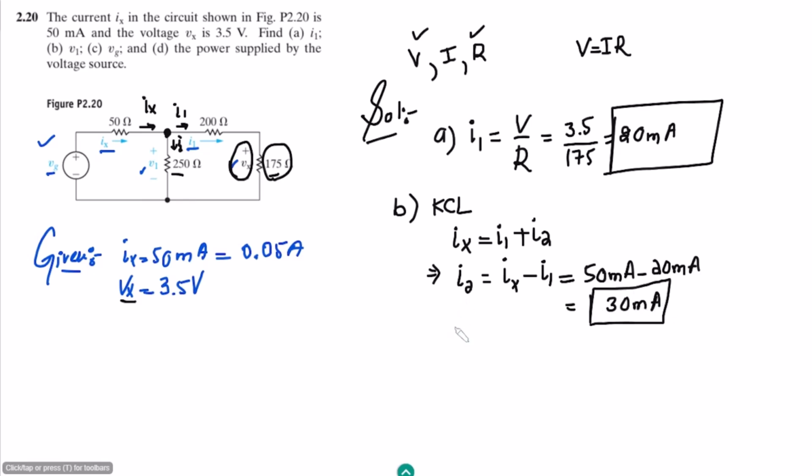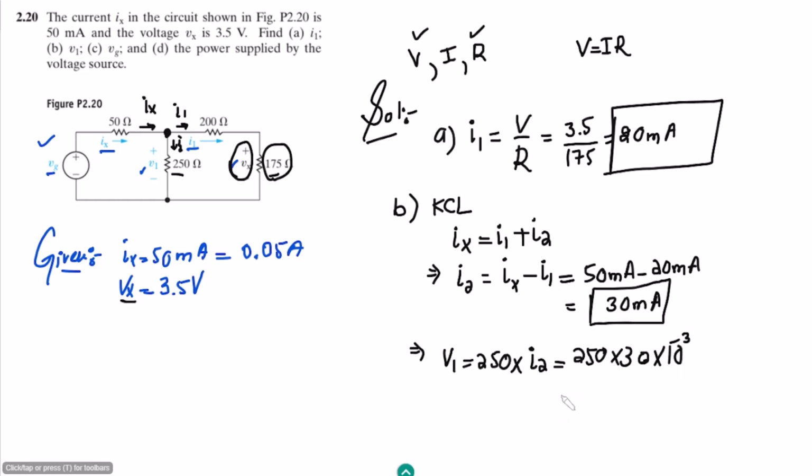After finding I2, we can see that this is the resistor across which we have to find V1. The current is known, 30 milliamps, and the resistance is 250 ohms. So V1 is 250 multiplied by I2, that is 250 multiplied by 30 multiplied by 10 to the power minus 3.